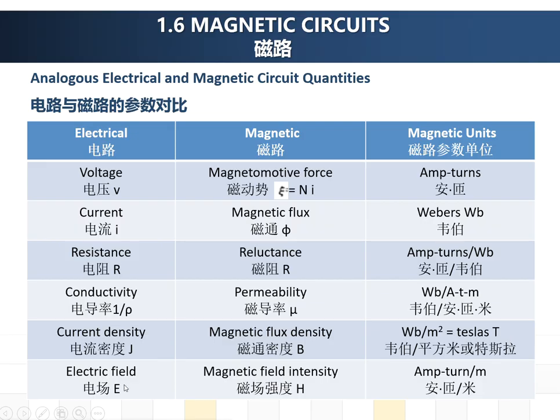Analogous to the electric field in the electric circuit, we have magnetic field intensity H in magnetic circuits. The unit of magnetic field intensity H is ampere turn per meter. Now we finish section 1.6.